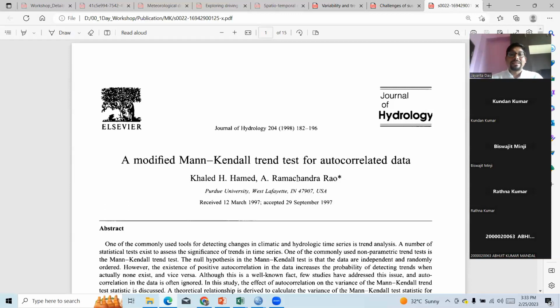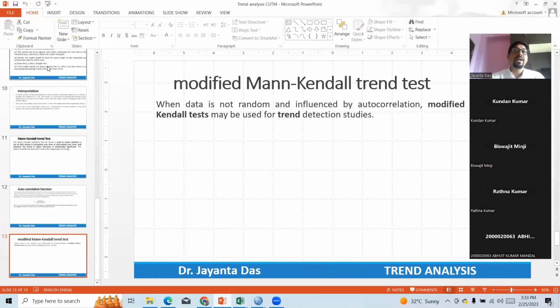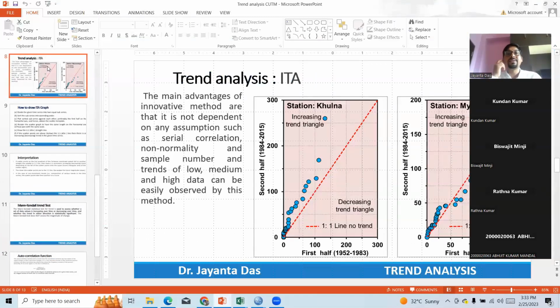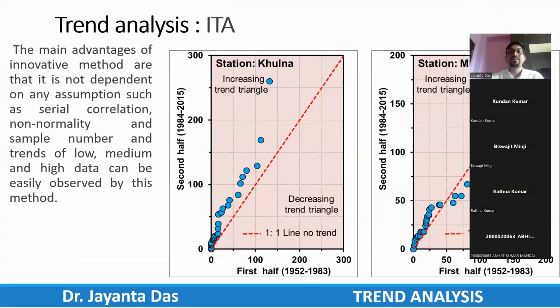Other techniques I have already mentioned, like innovative trend analysis. The main advantage of innovative trend analysis is that it's a graphical method. The Mann-Kendall test, modified Mann-Kendall test, or Spearman Rho test are all monotonic trend tests. We'll get only one value. We can say it is an increasing trend, we can say it is a decreasing trend, but we can't say anything about the sub-trend, about the hidden trend.